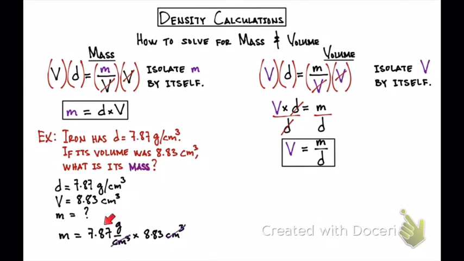So in that case, 7.87 times 8.83 gives us 69.5 grams. Again, you have 3 sig figs here, 3 sig figs for volume, so your final answer should also have 3 significant figures. So you go with the number with the least number of significant figures.